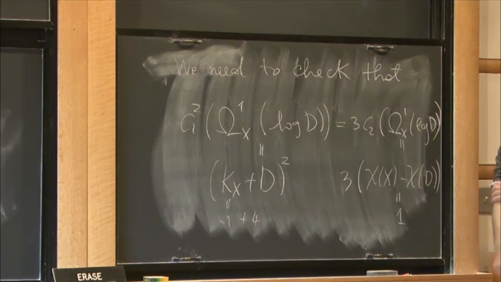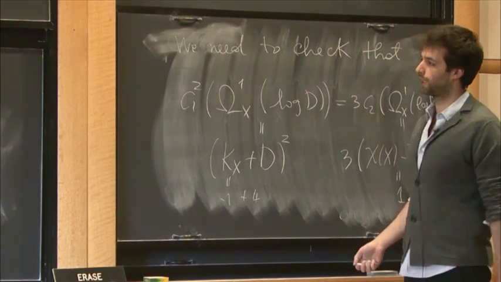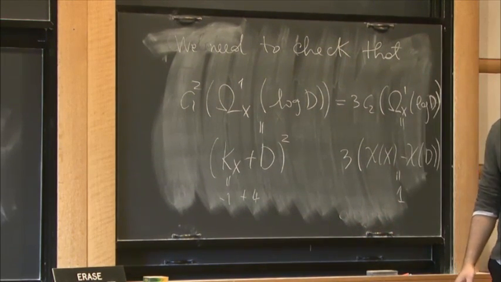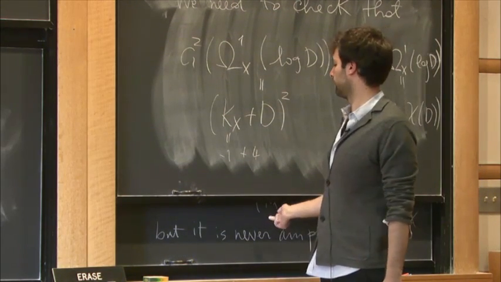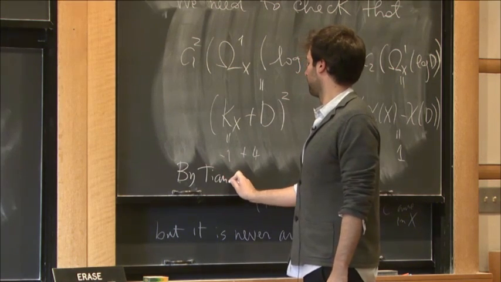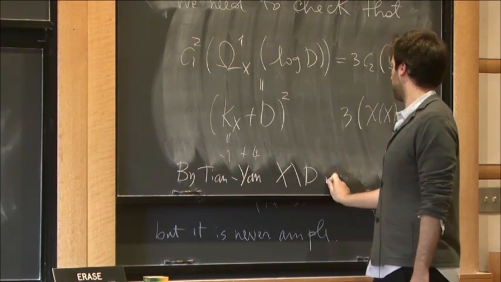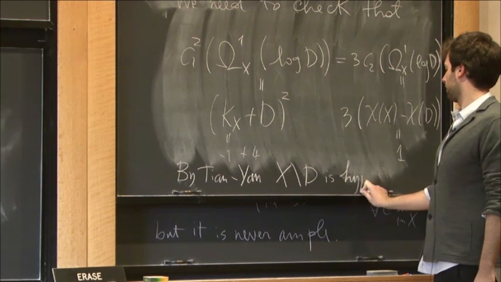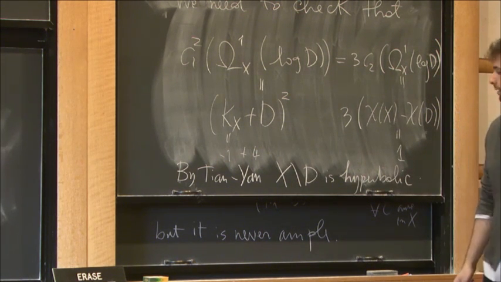And then by this theorem of Tian and Yau, we get that X minus D is covered by the hyperbolic space. So by Tian and Yau, X minus D is hyperbolic.